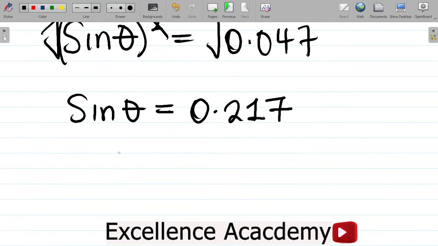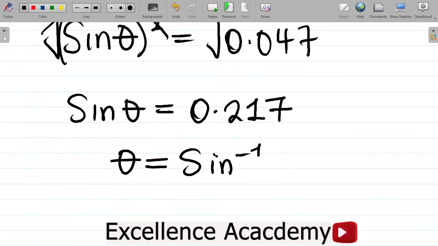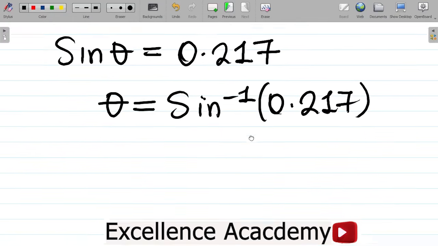So in essence, the value of the angle theta would be equal to sine inverse of 0.217.